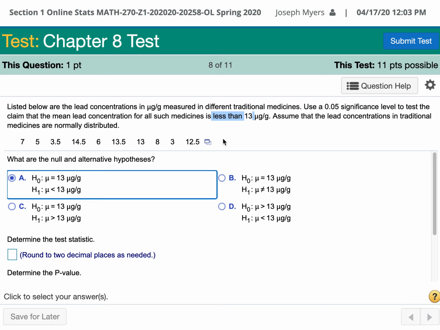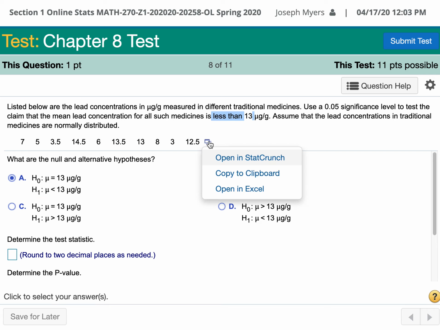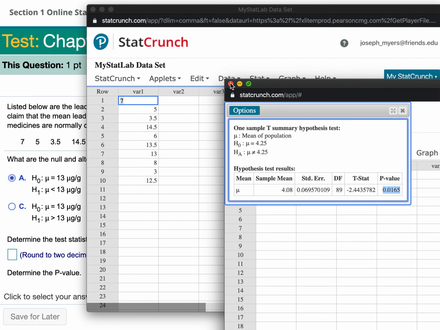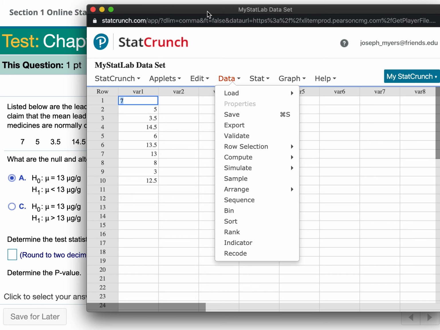And the test statistic, so what you do this time is you right click on this data icon and you choose open in StatCrunch, and now it has the data in StatCrunch already.